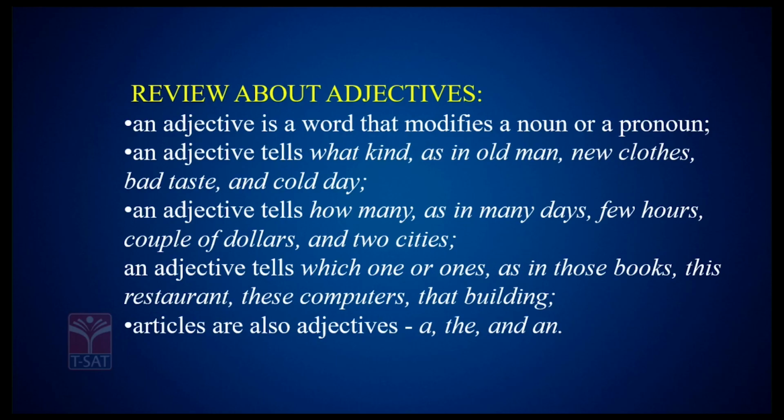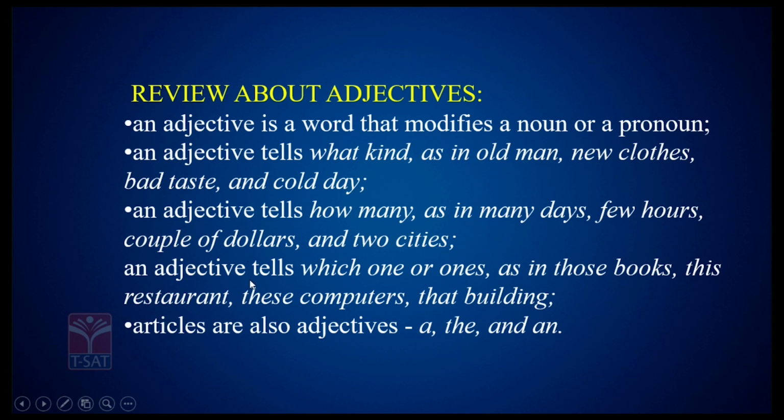And if we go a little further about adjectives, as we have already discussed, an adjective is a word that modifies a noun or pronoun. An adjective tells what kind, as in old man, new clothes, bad taste and cold day. An adjective tells how many, as in many days, few hours, a couple of dollars and two cities.